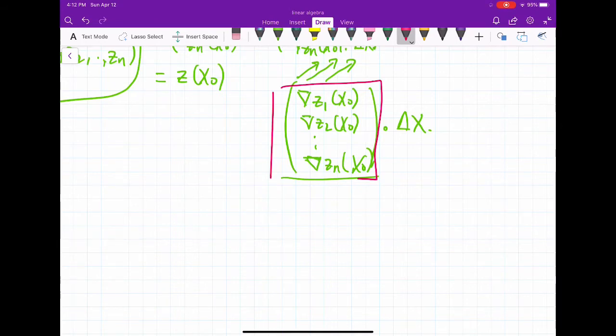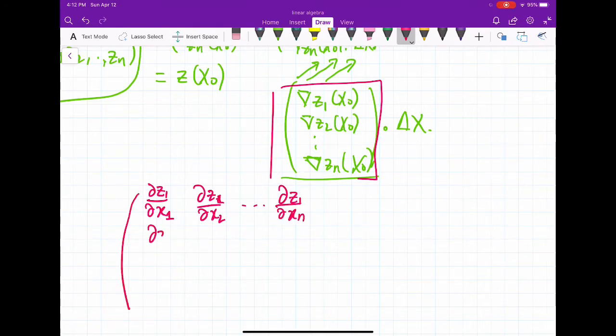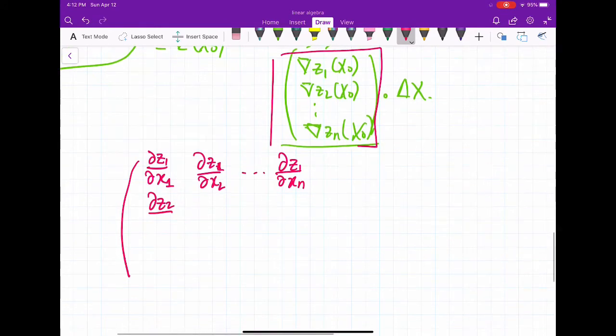The gradient of z1 is the partial derivative of z1 with respect to x1. The next one is the partial derivative of z1 with respect to x2, and so on to the partial derivative of z1 with respect to xn. The second row: the partial derivative of z2 with respect to x1, z2 with respect to x2, and so on to z2 with respect to xn.